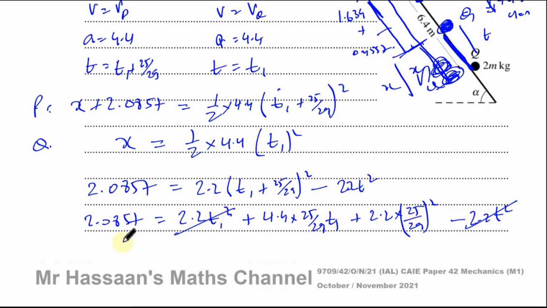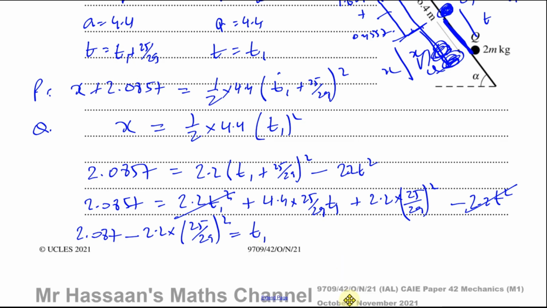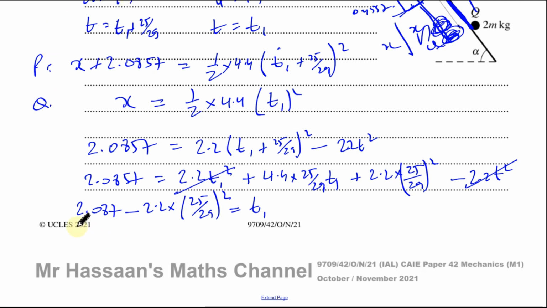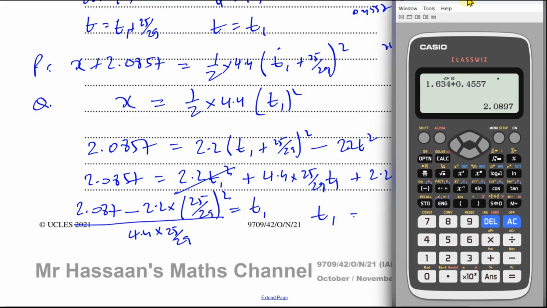So if you solve this, you have 2.0857 minus 2.2 times 25 over 29 squared equals 4.4 times 25 over 29 times T1. So we have to divide all of this by 4.4 times 25 over 29. A bit of a mess here, but we'll just continue. Hopefully this will give us the right answer. It's a very, very nasty question, to be honest.